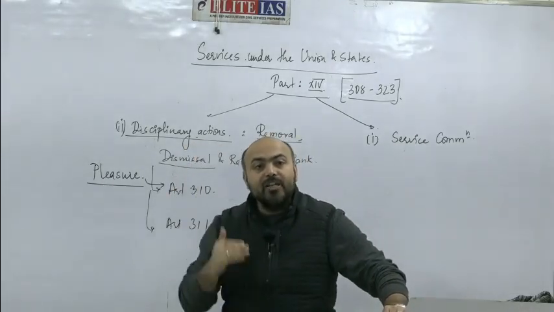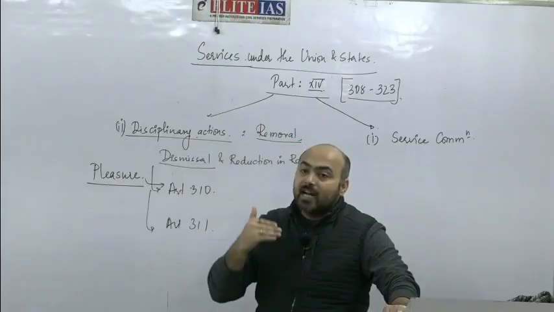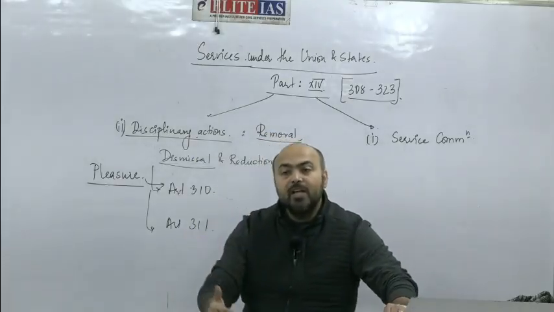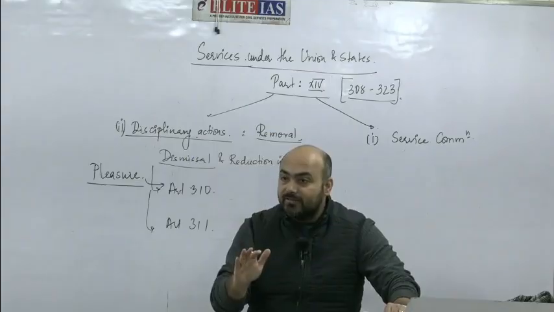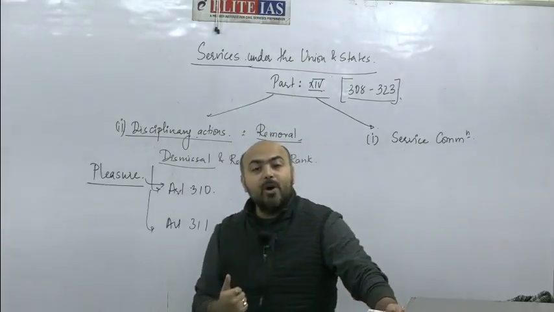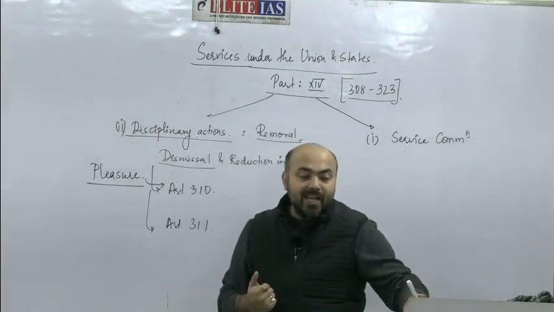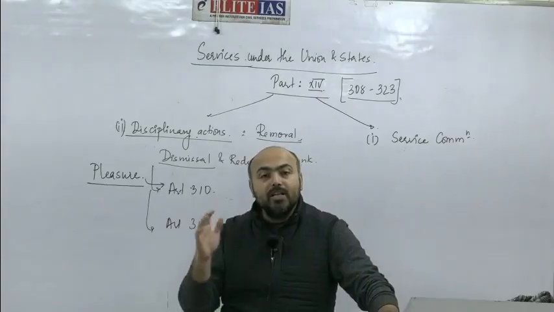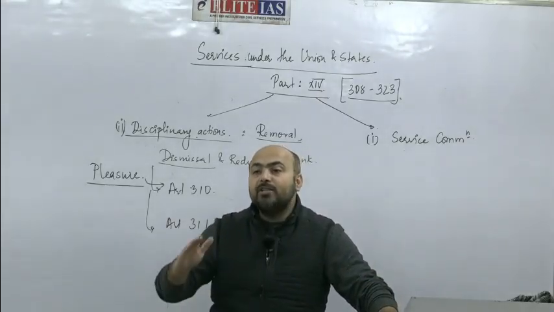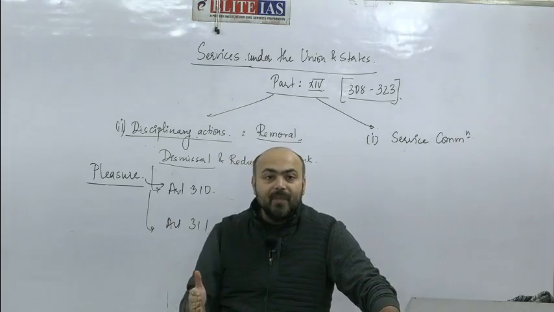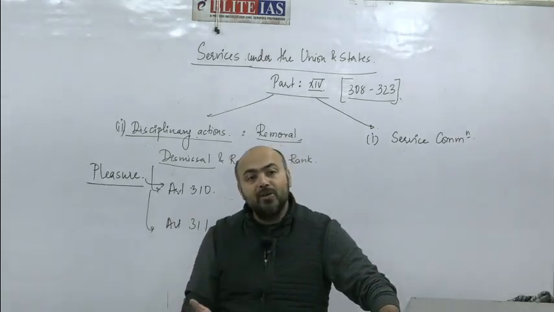The manner of removal of the individual and the grounds of removal have already been mentioned in the Constitution itself. Like when we talk about the judges of the High Court and the Supreme Court, they can be removed upon a resolution passed by the Parliament by a special majority.